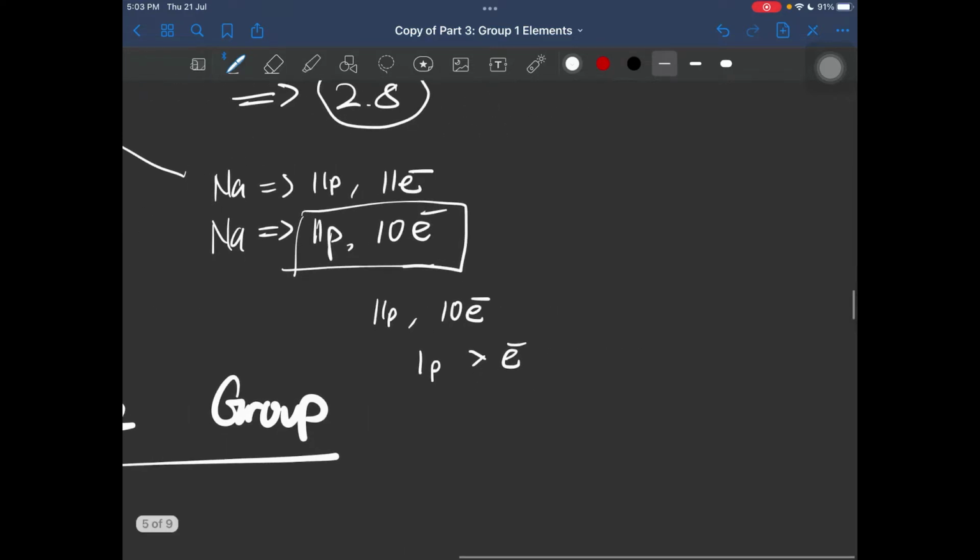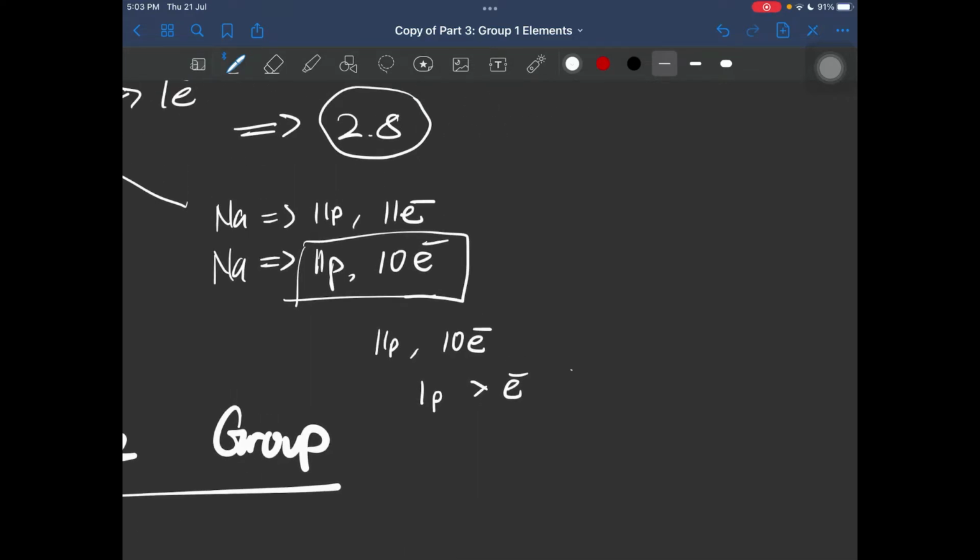So what does this make it? It makes it positive, because protons are positive while electrons are negative. Therefore, sodium is no longer just an atom, but it is an ion now, Na+, the plus representing the positive charge of this ion, right? Because it has 1 proton more than its electron.